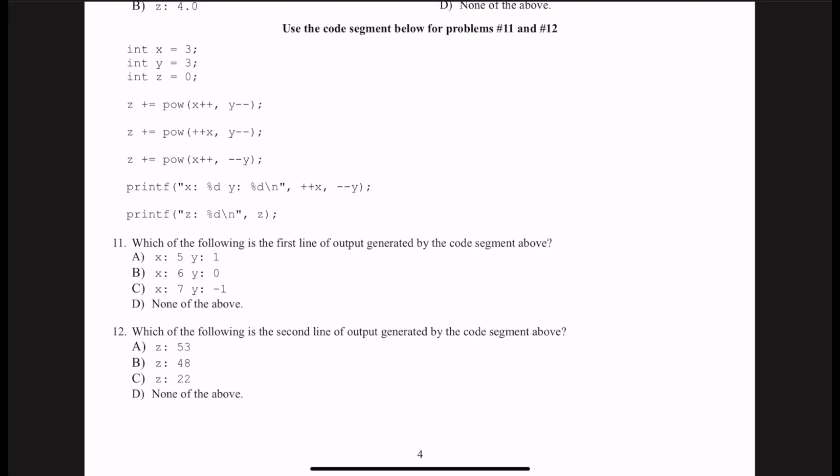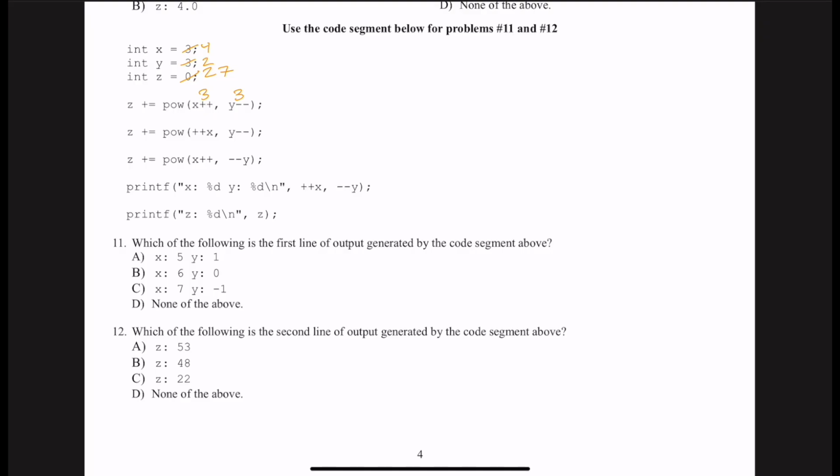So, starting with this first line here, z plus equals pow x plus plus, y minus minus. x plus plus is postfix, so we care about what x is now. y minus minus is postfix, so what is y now? 3 cubed is going to be 27. As a side effect, we increase x and decrease y.